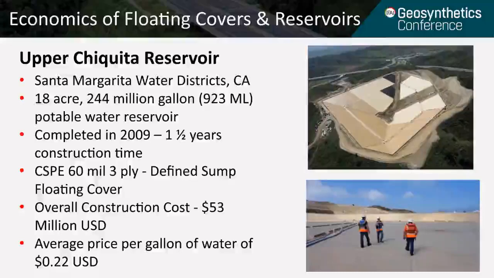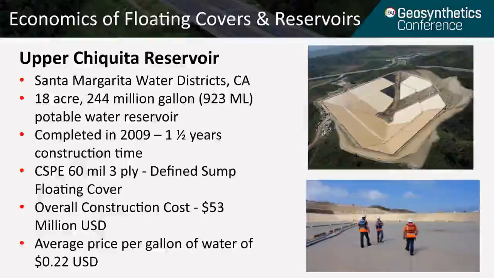So let's look at the economics of floating covers and reservoirs. This is the Upper Chiquita Reservoir, owned by Santa Margarita Water District in California. It's an 18-acre, 244 million gallon reservoir for potable water storage.